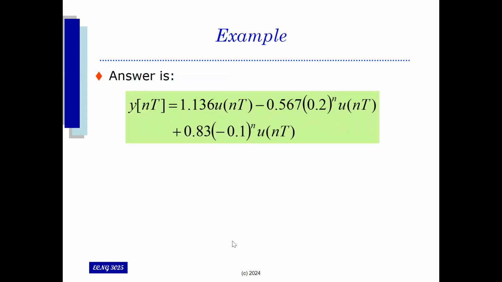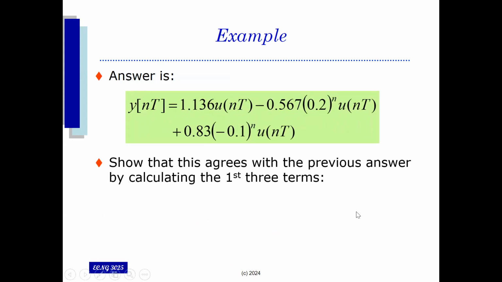And you get the answer here, and you could substitute now. The beauty about this is that I could put in any value of n to get a value of y[n]. So if I put n equal to 75, I will get what y[75] looks like. You could double check this by hand as a review: put n equal to 0, 1, and 2 and see if you get the answers that we had before in some previous slides.